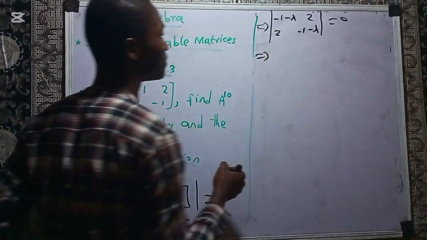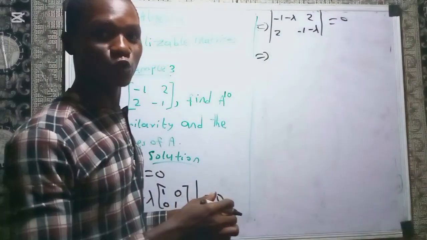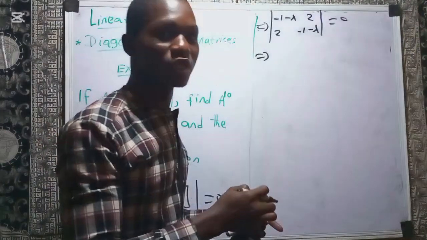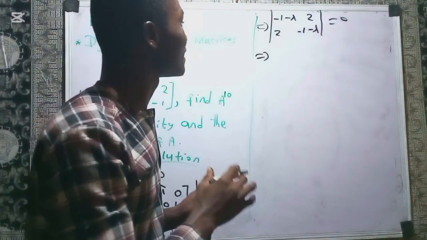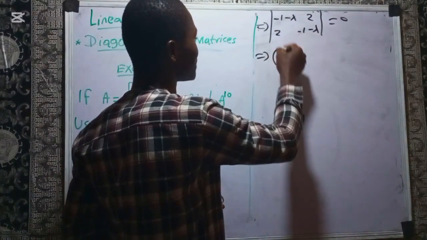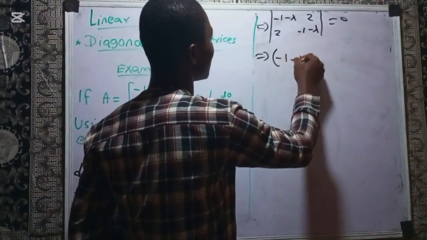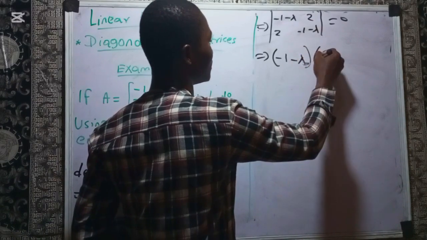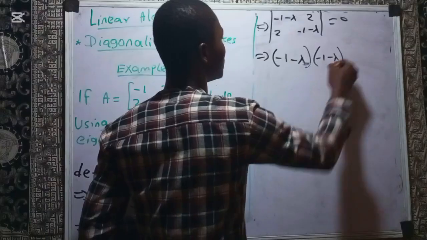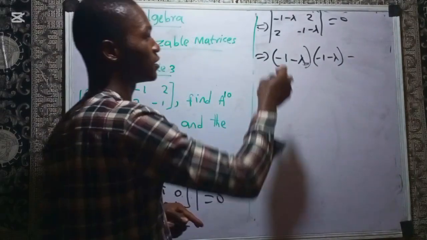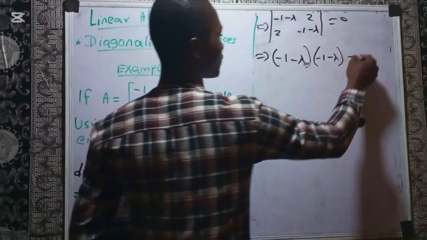So we have a 2 by 2 matrix to compute the determinant. What we are going to do is simply multiply the entries of the principal diagonal. What's the entry? This and this. So I'm going to multiply negative 1 minus lambda by negative 1 minus lambda. Right, we have done it. Then you subtract the product of the other diagonal. That's 2 multiplied by 2, which is 4.